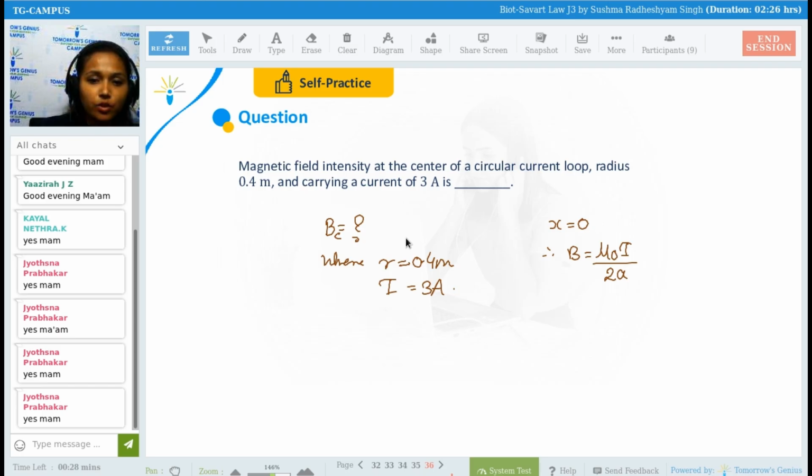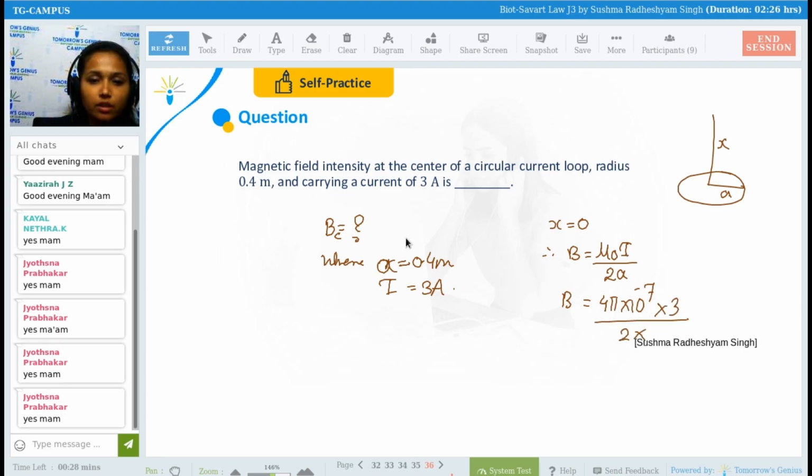From here, we know what is I, and R is the radius of the current loop. So the given B is equal to mu naught I over 2a. What is the value of mu naught? It is 4 pi into 10 to the power minus 7. What is I? It is 3 ampere. 2 times a is 0.4. So let's calculate this.